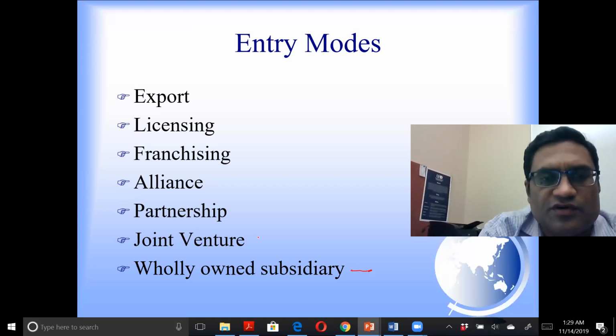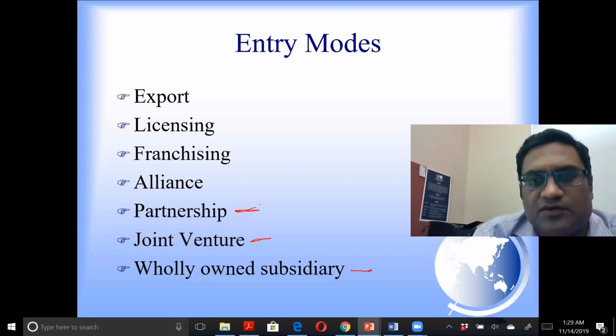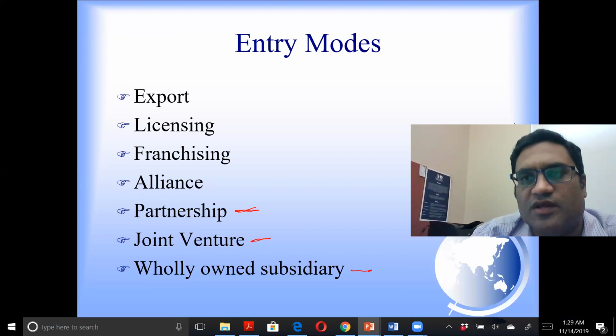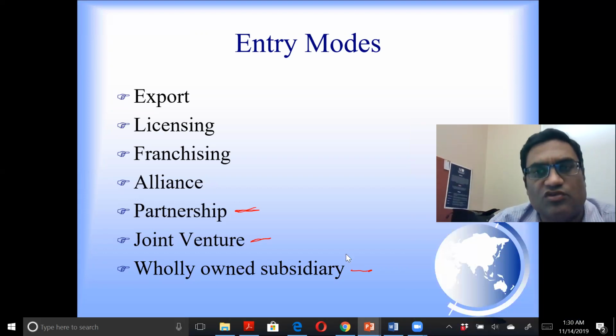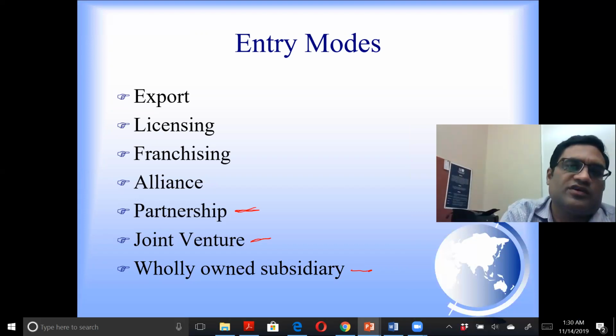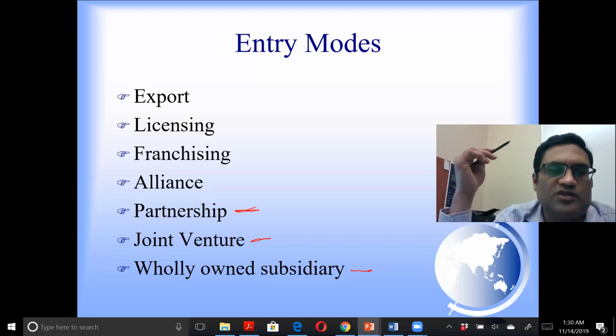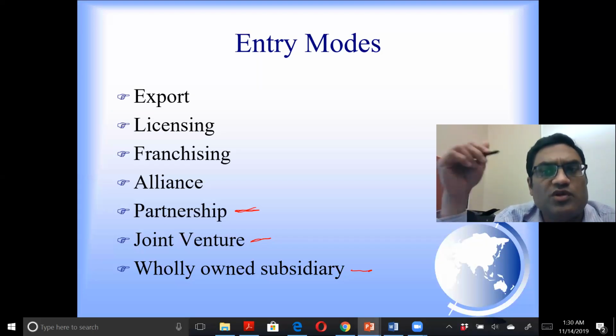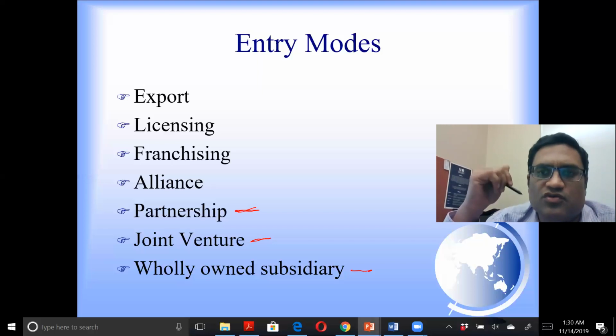So I have to go joint venture or partnership. That's what I will be mentioning, or you should be mentioning in your report, as to which mode would be most suitable based on the existing laws, rules, regulations. So briefly discuss these modes and see which ones are applicable and which one would be most suitable for your company.